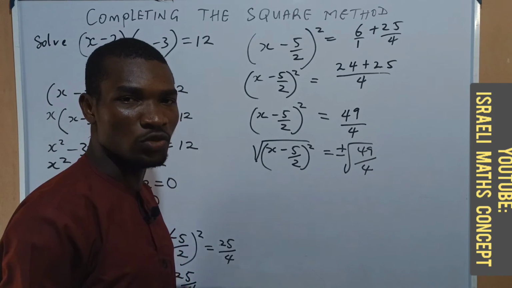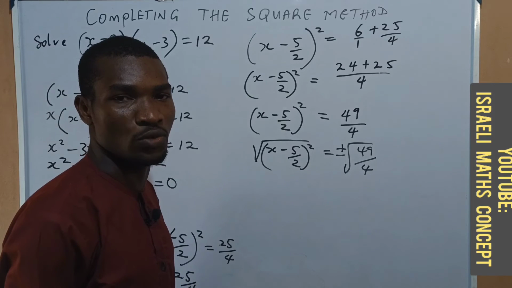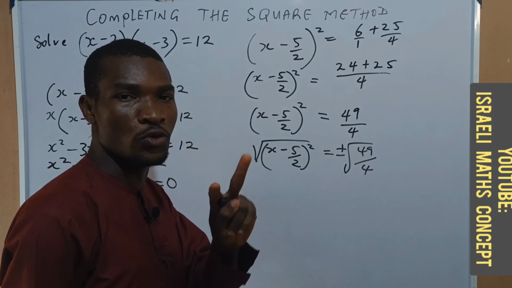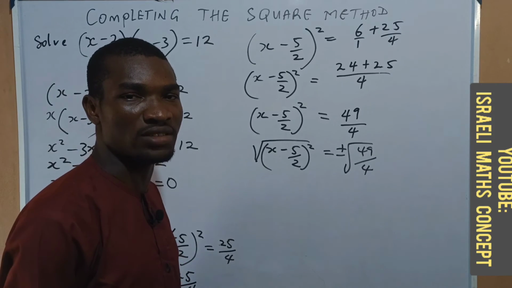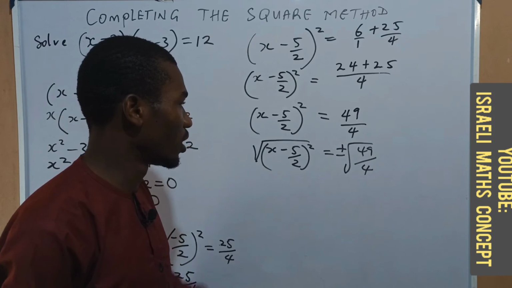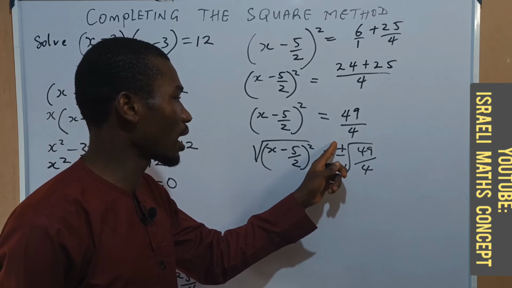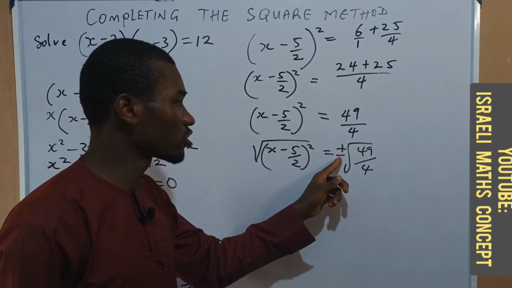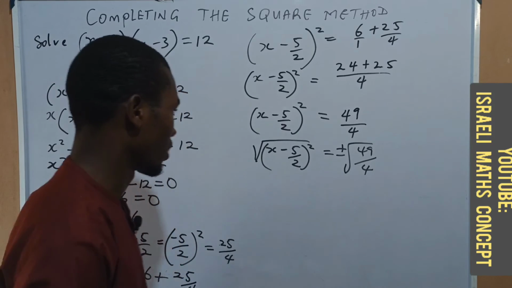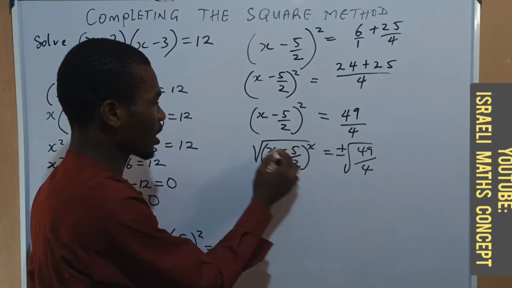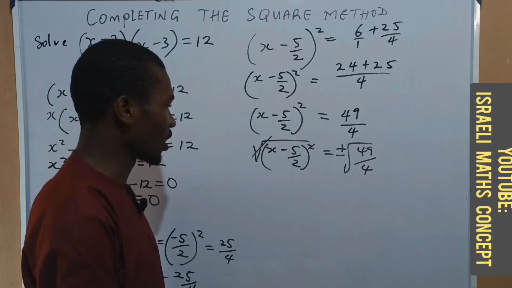The reason is because whenever you are solving a given quadratic equation, you should have up to 2 roots. And remember that the roots of a quadratic equation are the answers you get after solving your quadratic equation. Hence, that's why we add plus or minus, because the plus or minus indicates the 2 roots of the given equation, such that the square will cancel out the square root mathematically.